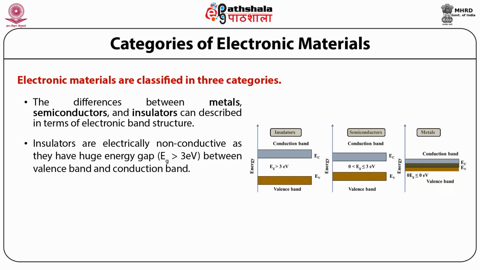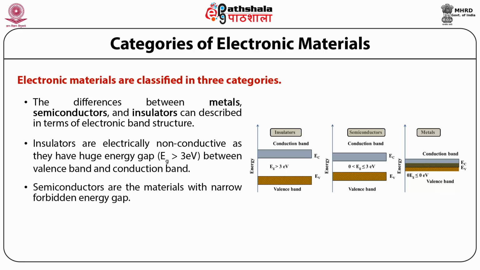Insulators are electrically non-conductive as they have a huge energy band gap, greater than 3 electron volts, between the valence band and the conduction band. There are no free electrons available even at high temperature, thus they cannot contribute to the flow of current in crystals.